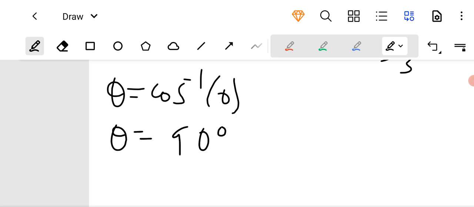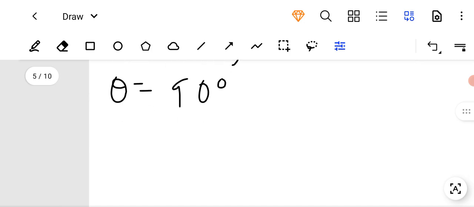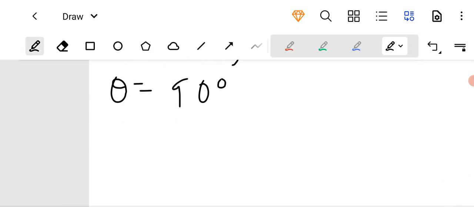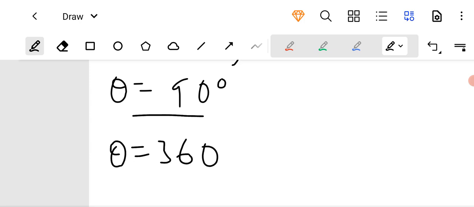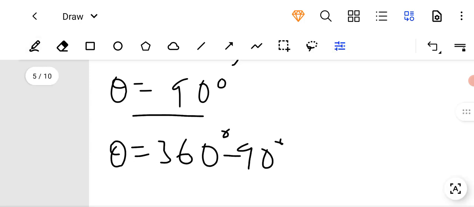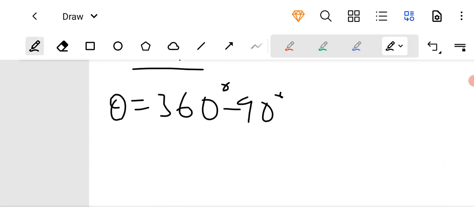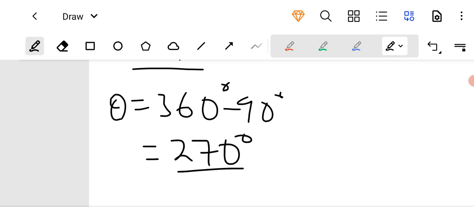Then we consider 0 to 360 degrees, so this is an answer. Again, theta is equal to 360 degrees minus 90 degrees, which is 270 degrees.